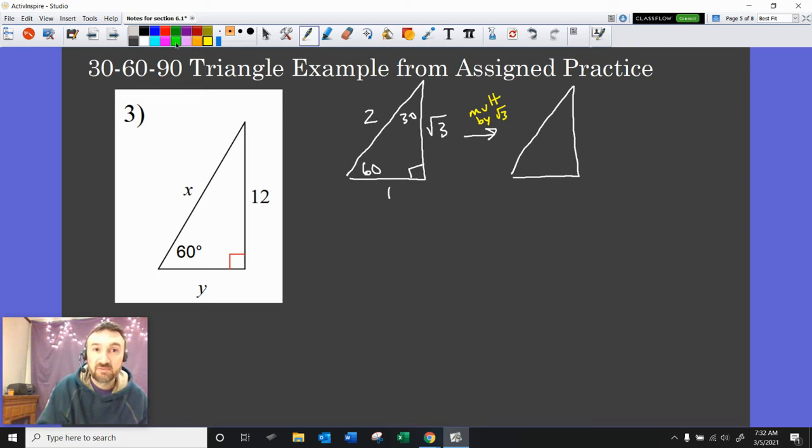And if I do that, just take all the side lengths and think about multiplying by the square root of 3. So 2 times square root of 3 is 2 root 3. Square root of 3 multiplied by the square root of 3 is 3. And then 1 multiplied by the square root of 3 is square root of 3.